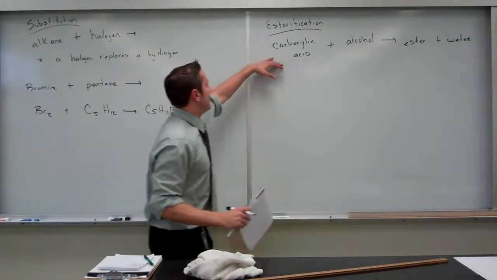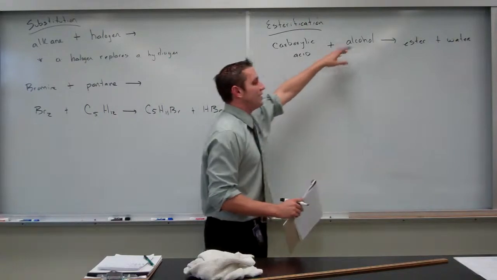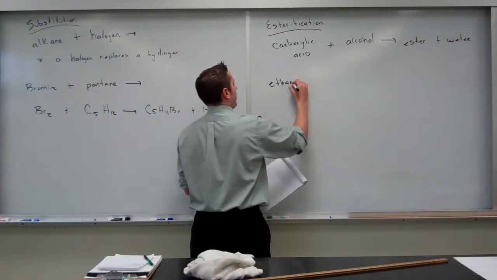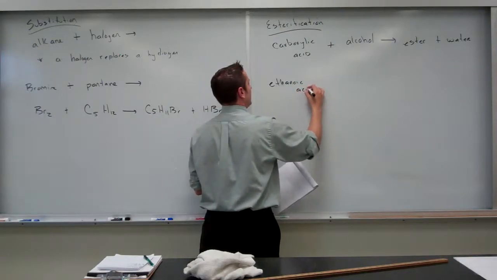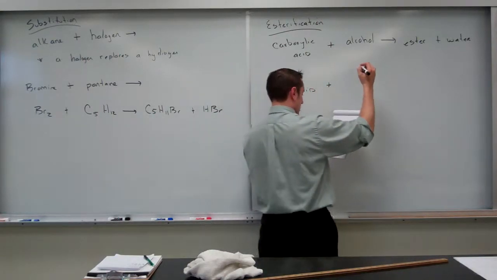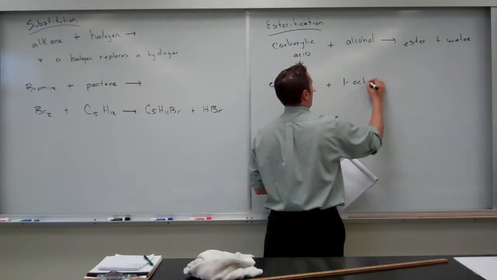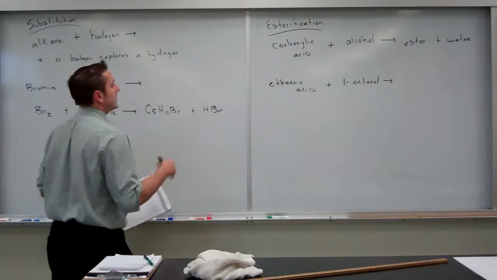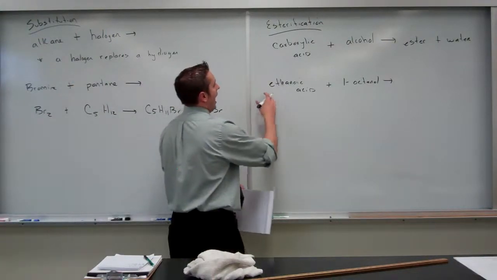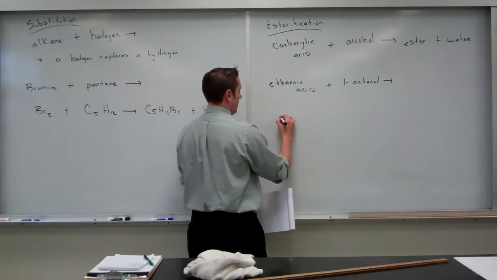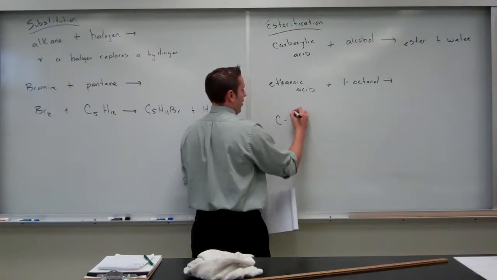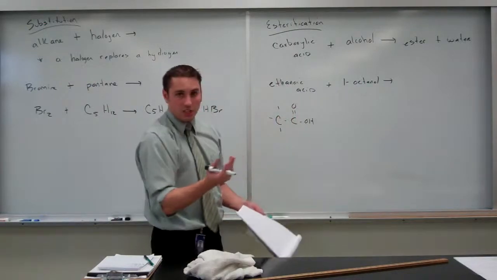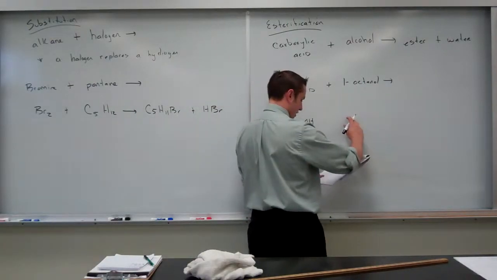So if you see something that says oic acid plus something that says ol, like ethanoic acid plus 1-octanol, what you want to do is get yourself formulas. Ethanoic acid means 2 C's, and an oic acid means double bonded O, OH. Octanol means 8 carbons.